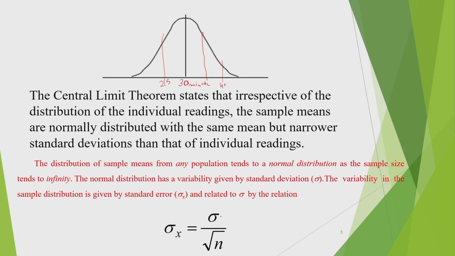So, sigma is the population standard deviation. This is the population distribution standard deviation, SD, and this is the SD of the sample mean. So, that means it becomes sigma by under root n.